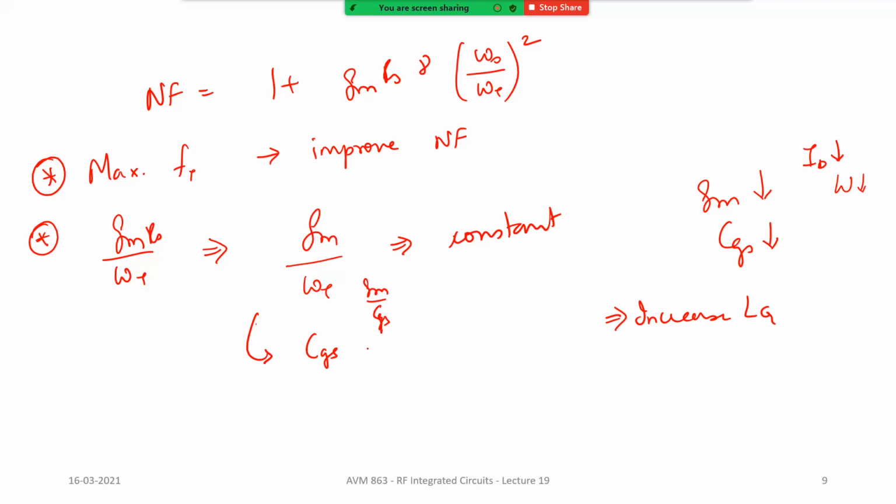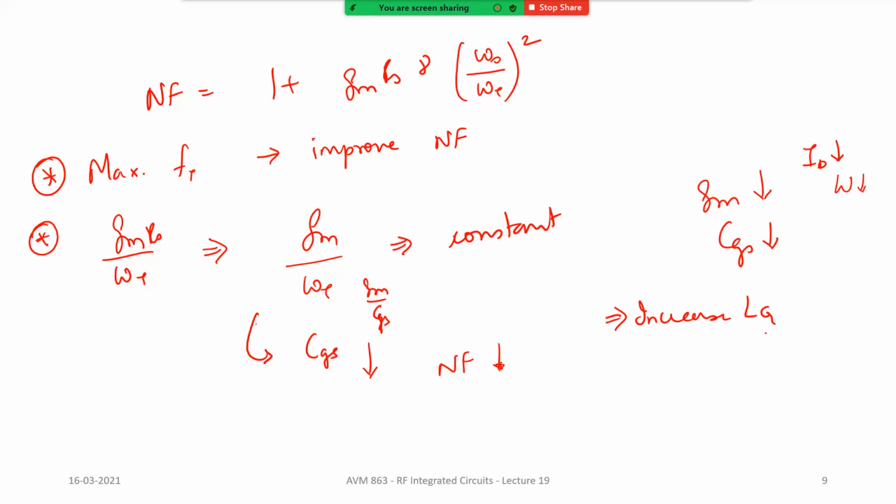So if you can reduce CGS and keep GM by omega t or GM by CGS constant, you can theoretically think of improving your noise figure, or rather noise figure reduces, right?